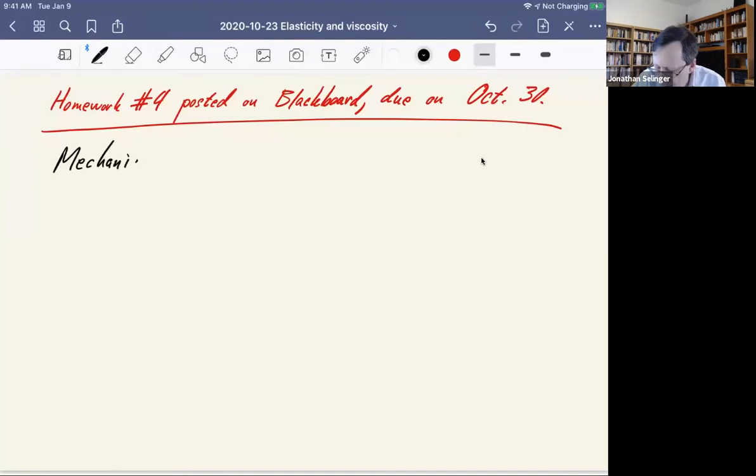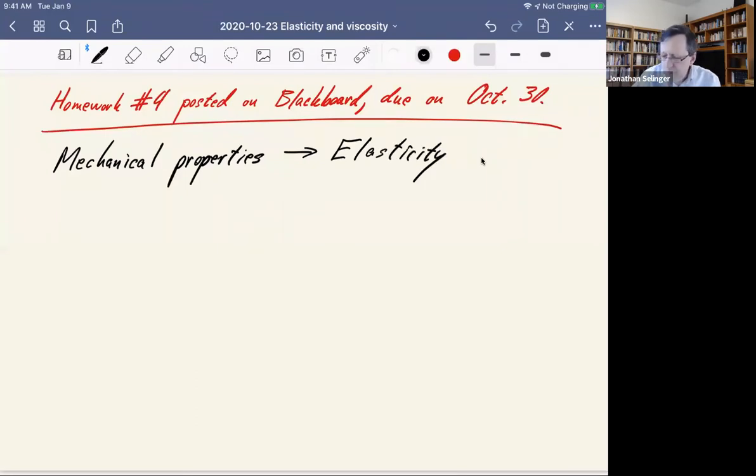So for mechanical properties, a word for that would be elasticity. Okay, so the basic idea of elasticity is related to Hooke's law.